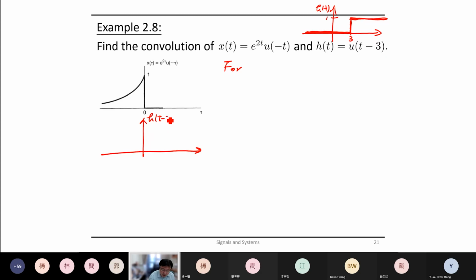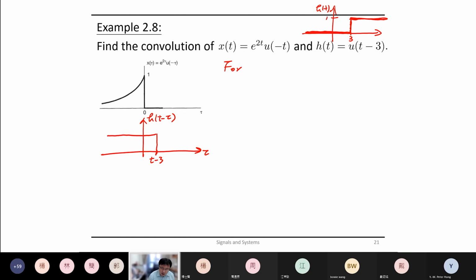Suppose this is h of t minus tau, right? If you take the time reversed version and shift it by t, then the edge actually occurs at the time instant t -3. Okay, so you have to be careful with identifying the position of this time shift.